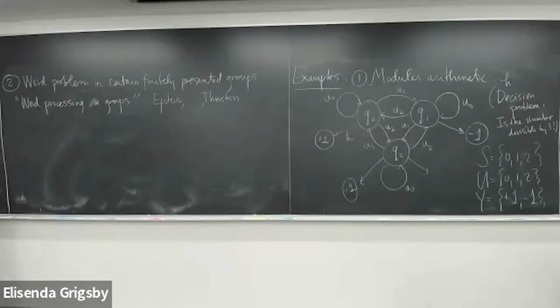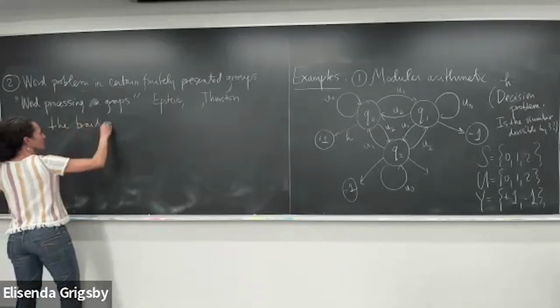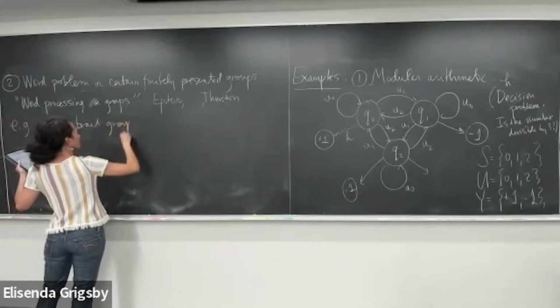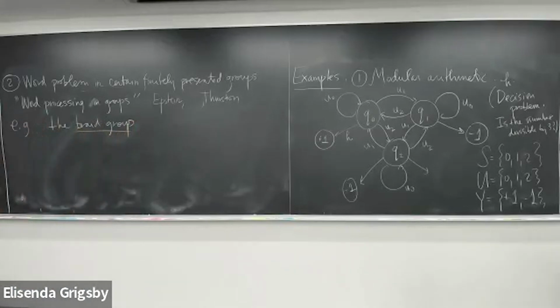So one example of such a group is the braid group, which I've mentioned before. It turns out there is a finite state automaton that determines whether or not a braid word is trivial, which is really cool. The updates are the generators in the braid group.